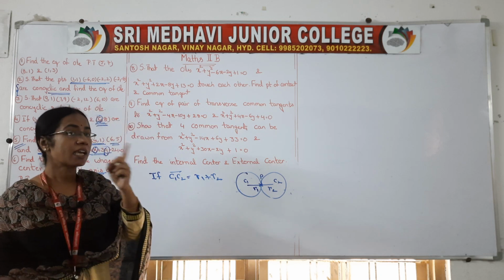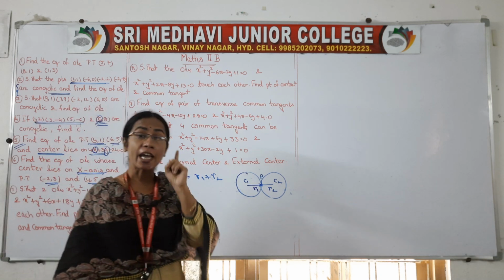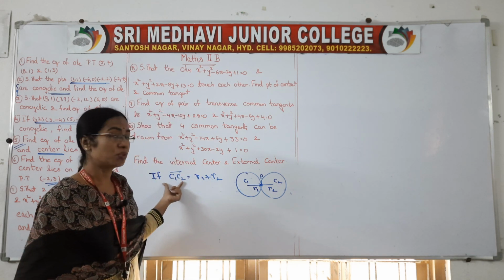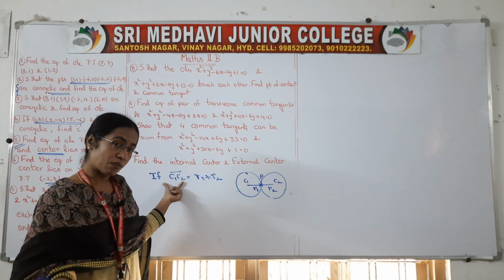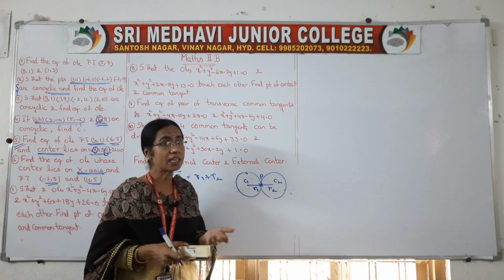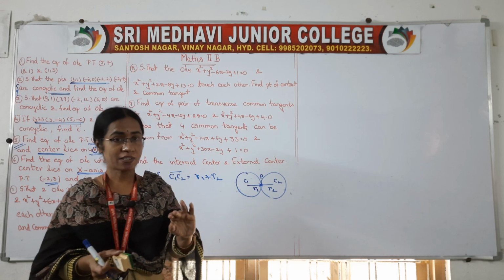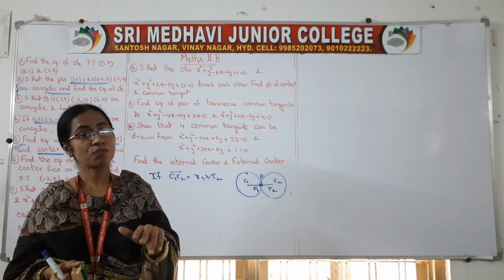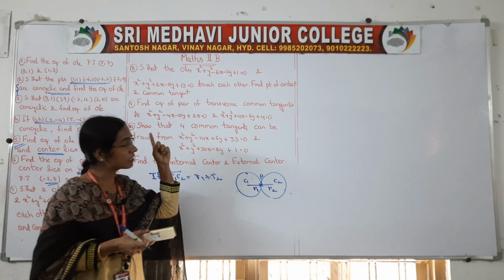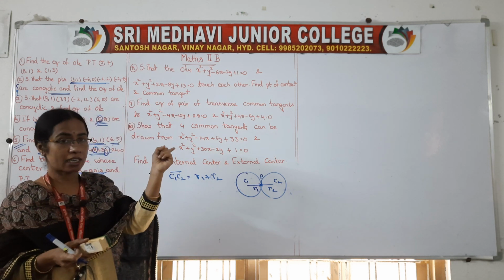Then we can say that the circles touch externally. So first of all you have to find the center and the radius of the first circle and the center and radius of the second circle. After that you have to check this condition. Why? It is given: show that the circles touch each other.